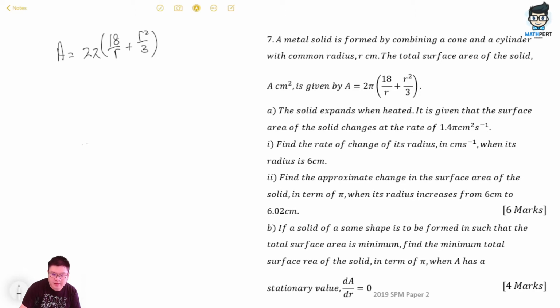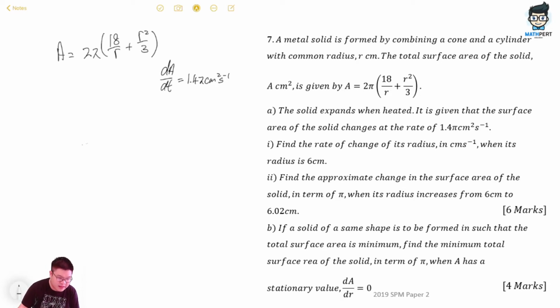It is given that the surface area of the solid changes at the rate of 1.4π cm² per second. So we have dA/dt equal to 1.4π cm² per second. We are asked to find the rate of change of the radius when its radius is 6 cm, meaning we are asked to find dr/dt.